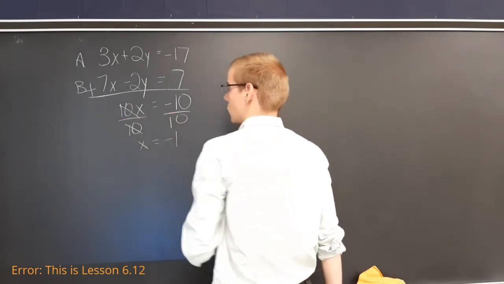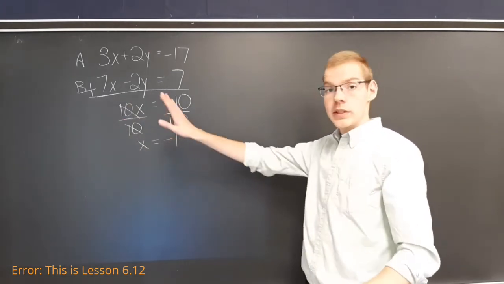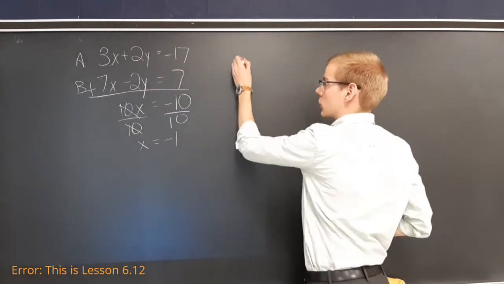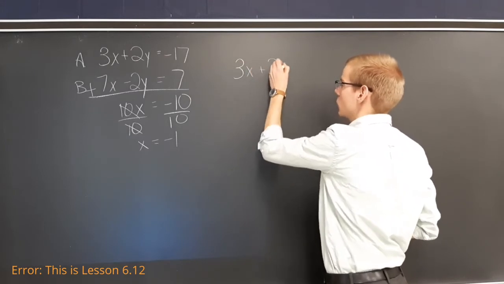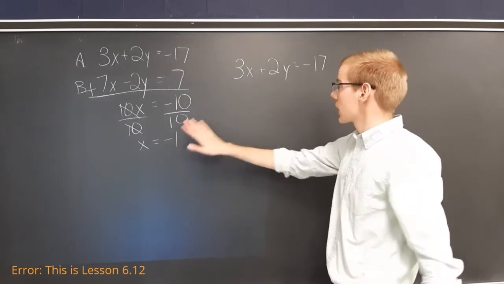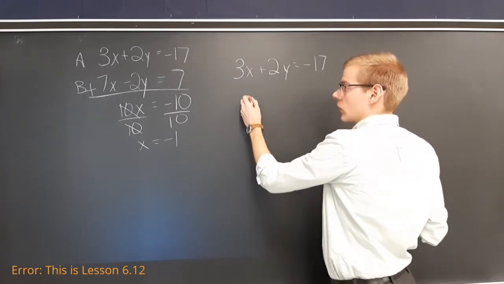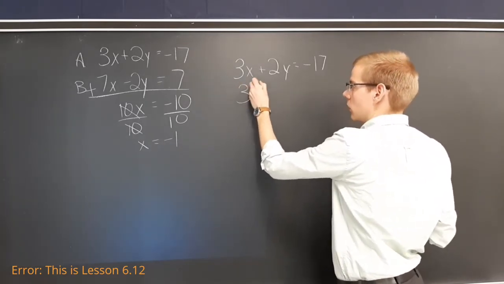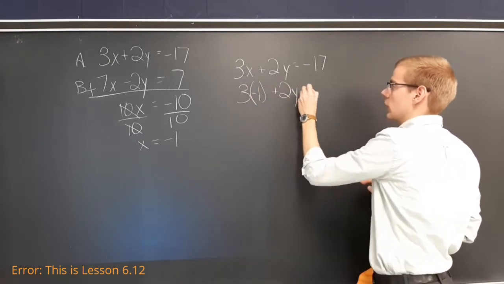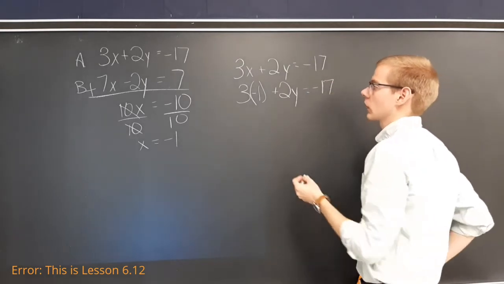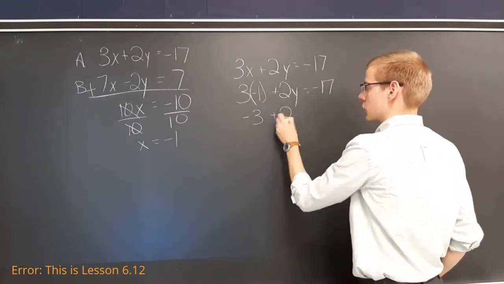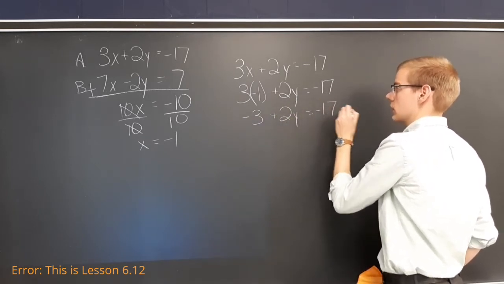x equals negative 1. Now, as we did in the example, take your A, which is 3x plus 2y equals negative 17. Plug this x into the x. 3 multiplied by negative 1 plus 2y equals negative 17. 3 times negative 1 is negative 3, plus 2y equals negative 17.